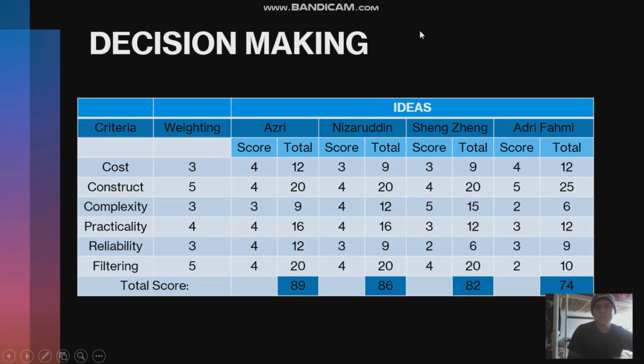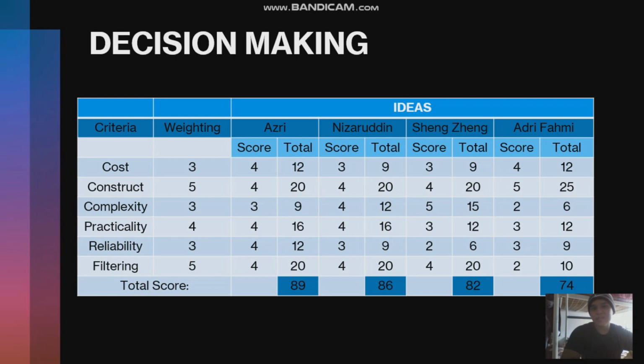So after each member has made their own idea and presented to our group, we have to decide which one of the ideas to choose. In order to make a decision, we use a few criteria, which include cost, construction complexity, practicality, reliability, and filtering ability.